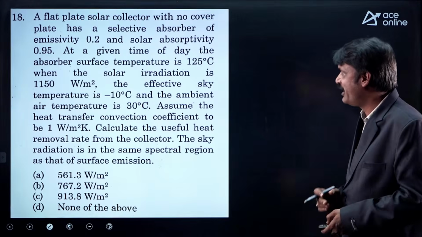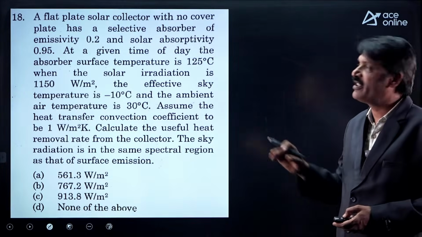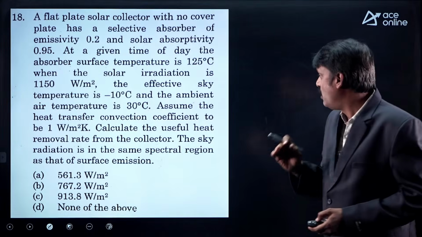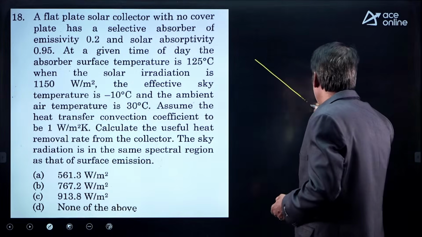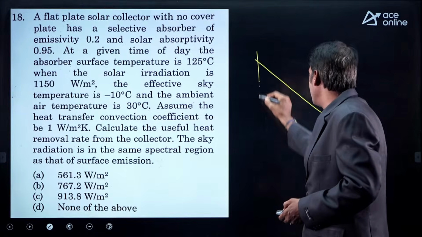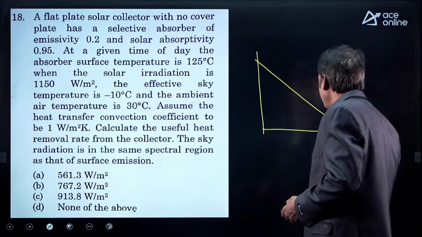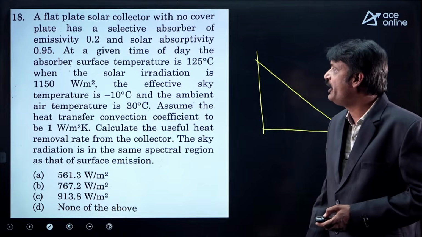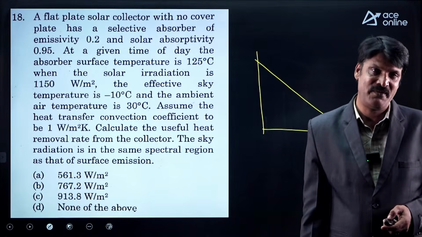And he is saying, let us read the question carefully. This is a question that they have asked from radiation. Now, what he is saying is that there is a flat plate collector. Yes, that is correct. There is a flat plate collector that has a selective absorber of emissivity 0.2 and solar absorptivity of 0.95.